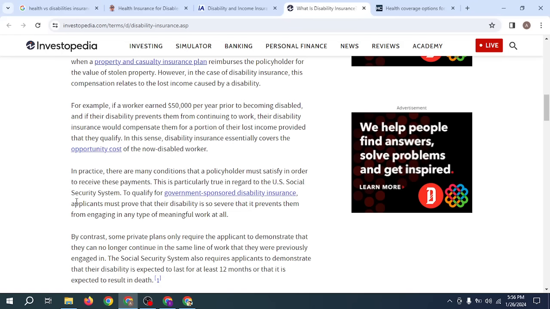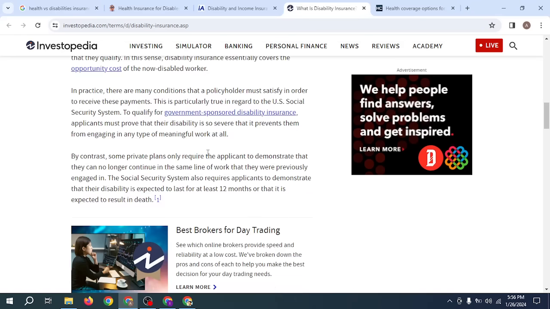For example, if a worker earned $50,000 per year prior to becoming disabled and their disability prevents them from continuing to work, their disability insurance would compensate them with income once they qualify. In practice, there are many conditions for policyholders. This is particularly true in the US, where applicants must prove that their disability prevents them from working.